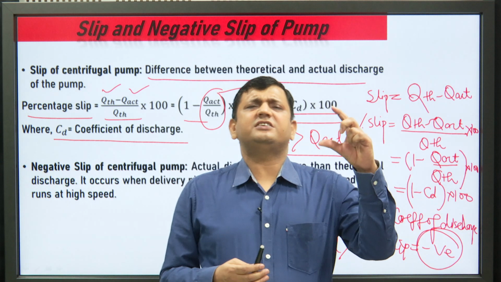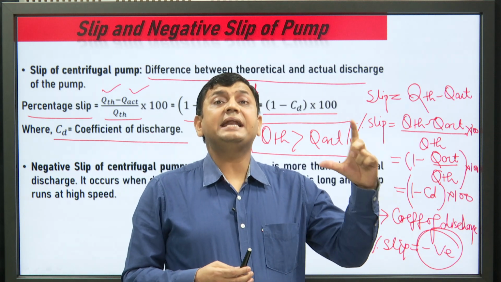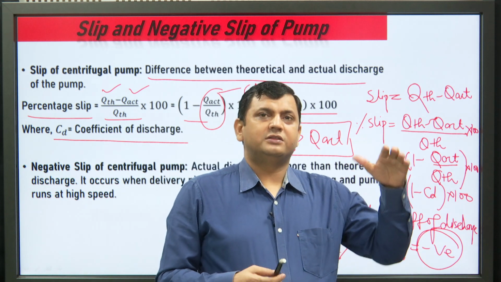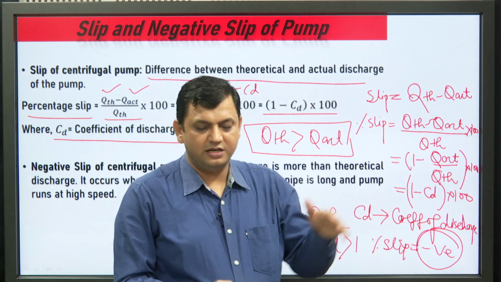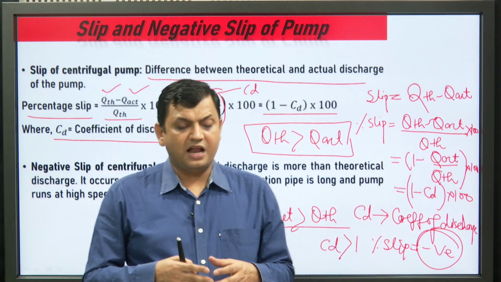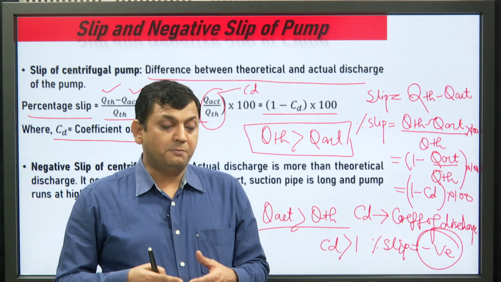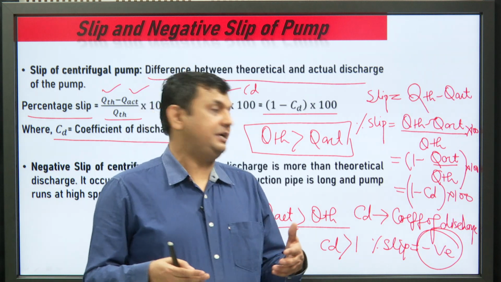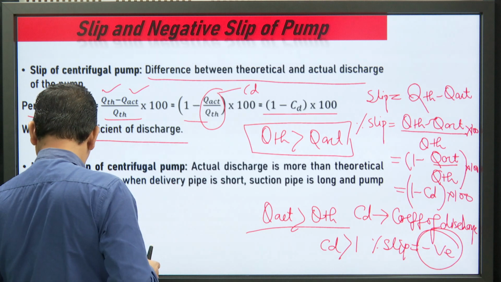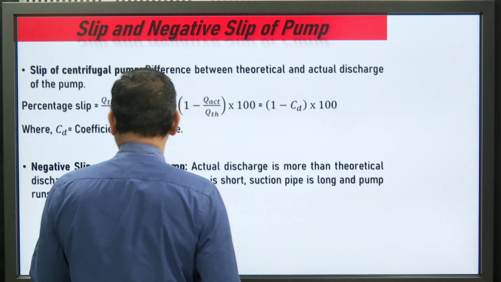Negative slip occurs when the delivery pipe is very short in comparison to the suction pipe, meaning the suction pipe is long, and the pump runs at high speed. What are the chances of negative slip?